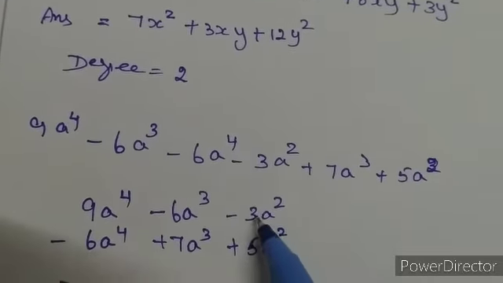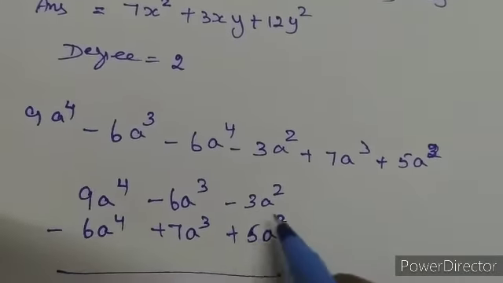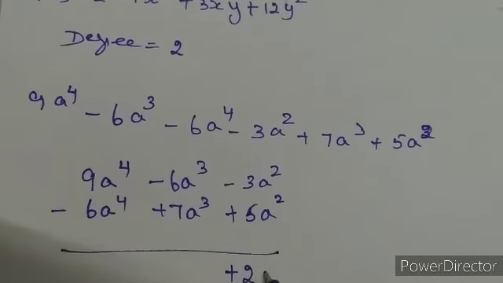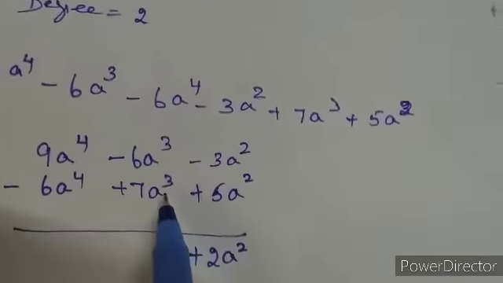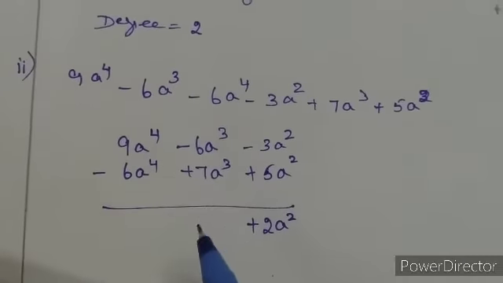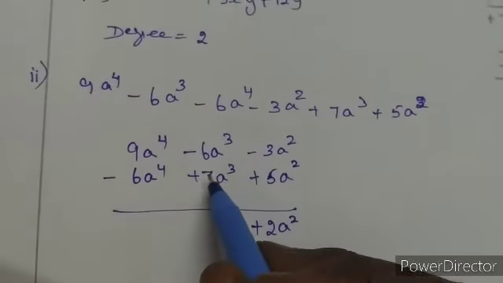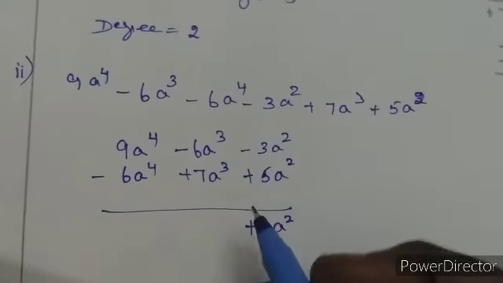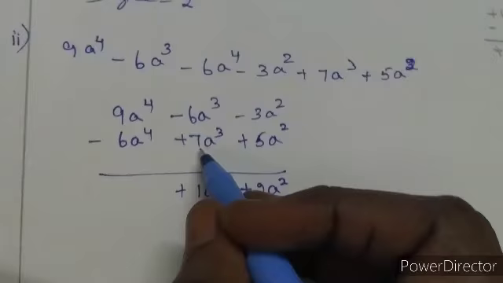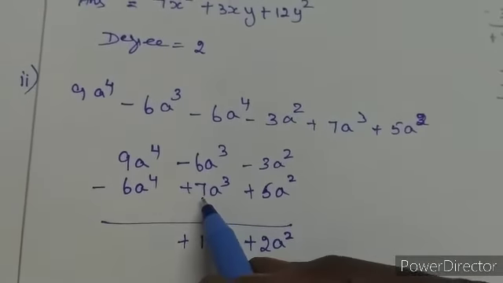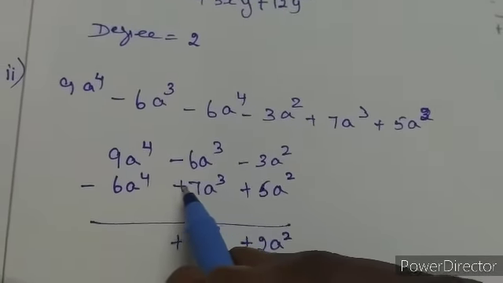So 5 minus 3, it is 2. Which number is greater? Plus a square. Next, coming to the next power, plus into minus. So 7 minus 6, it's 1 a cube. 7 is the highest number, so the sign for that is plus.